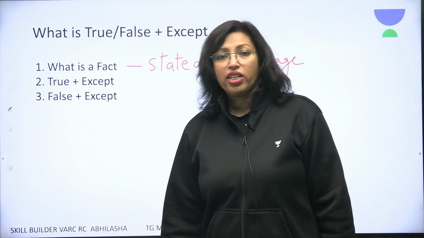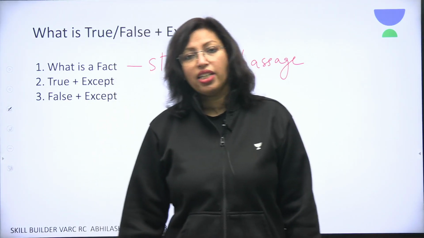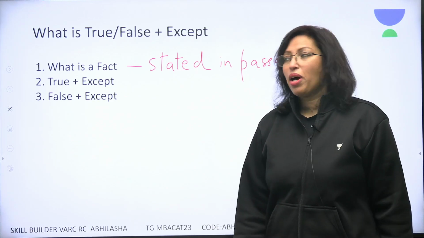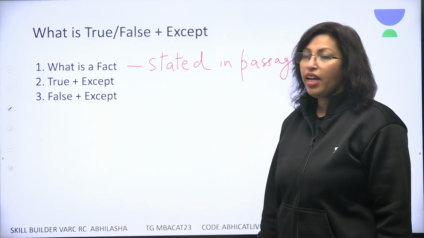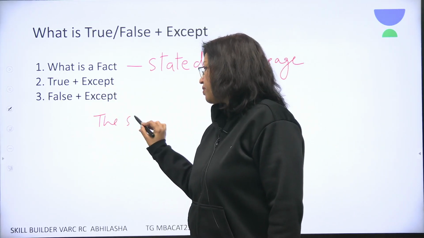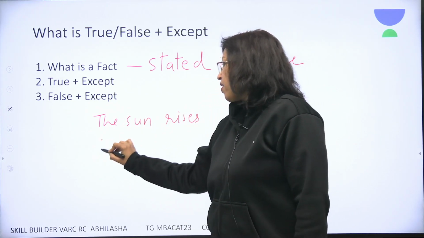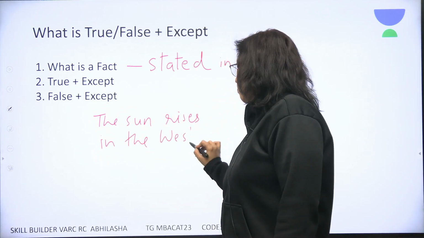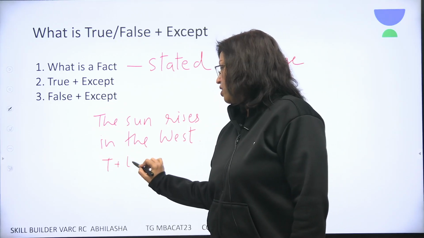Okay. So questions when they ask you according to the passage or in the passage, according to the writer and such like things, you know they're asking you to identify the facts as per the passage and then take the question forward accordingly, right? So if the passage says the sun rises in the west, okay, and then they ask you for a true plus except answer.